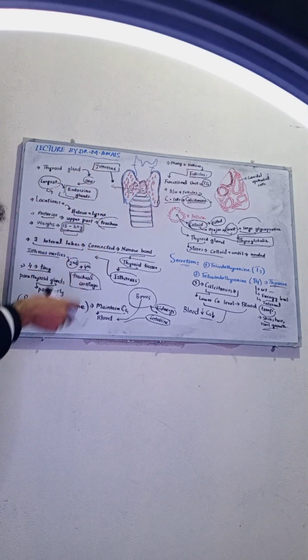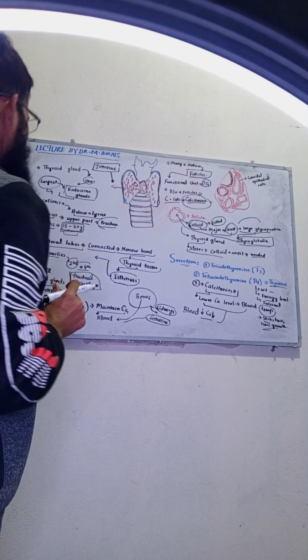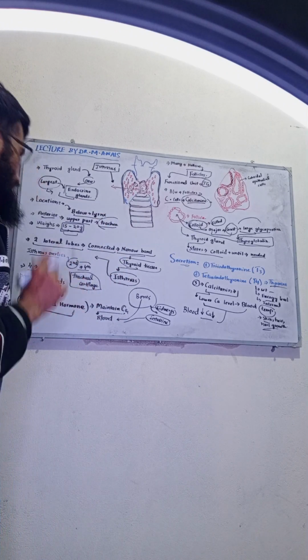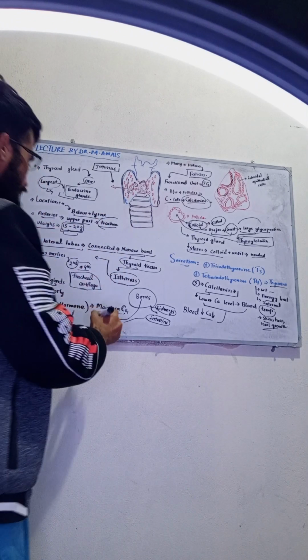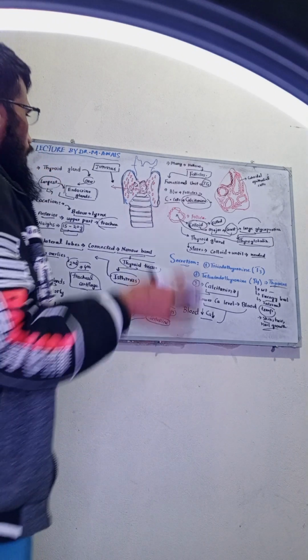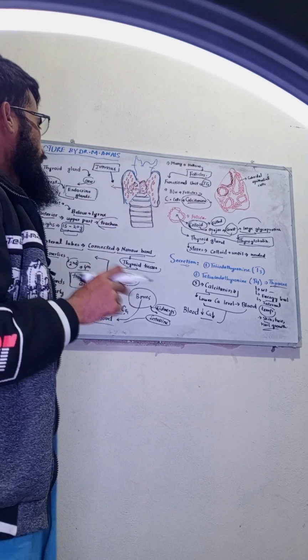Posterior to the thyroid gland are situated four tiny glands called parathyroid glands, which secrete parathyroid hormone, which maintains the calcium level in the blood. As we have discussed, what is the function of thyroid?